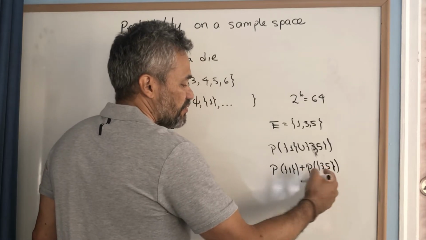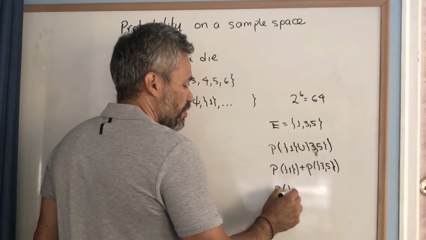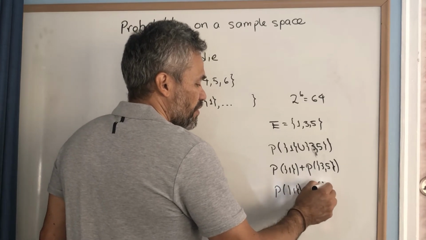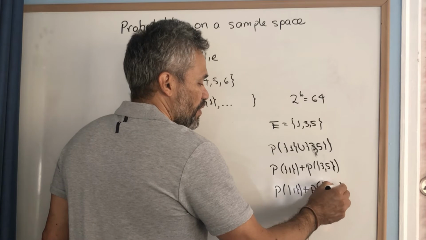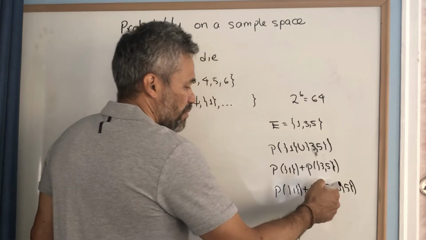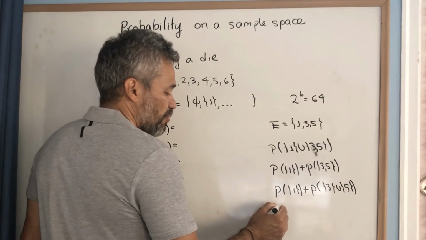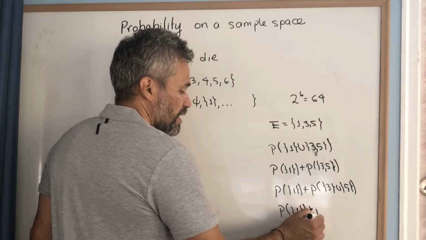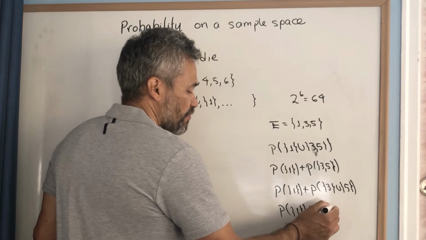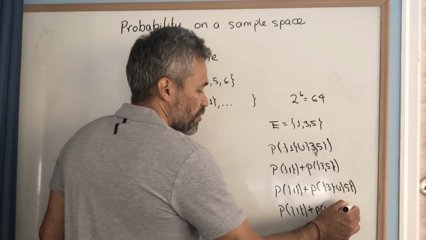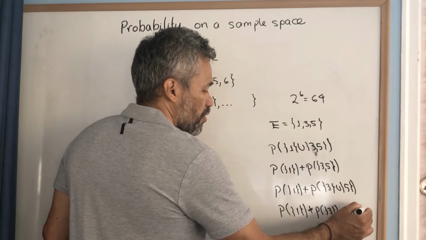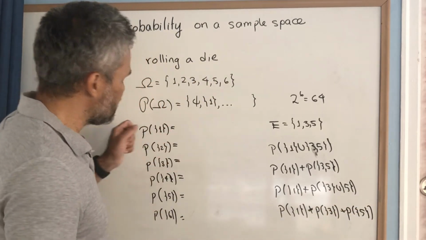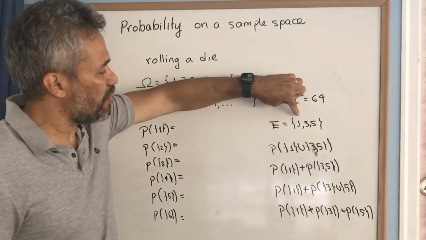And this event {3, 5} can be viewed as the union of the set {3} with the set {5}. But because of the property for a probability, this would be the probability of 1 plus the probability of 3 plus the probability of 5. And if we know these three probabilities, then we can find the probability of this event.